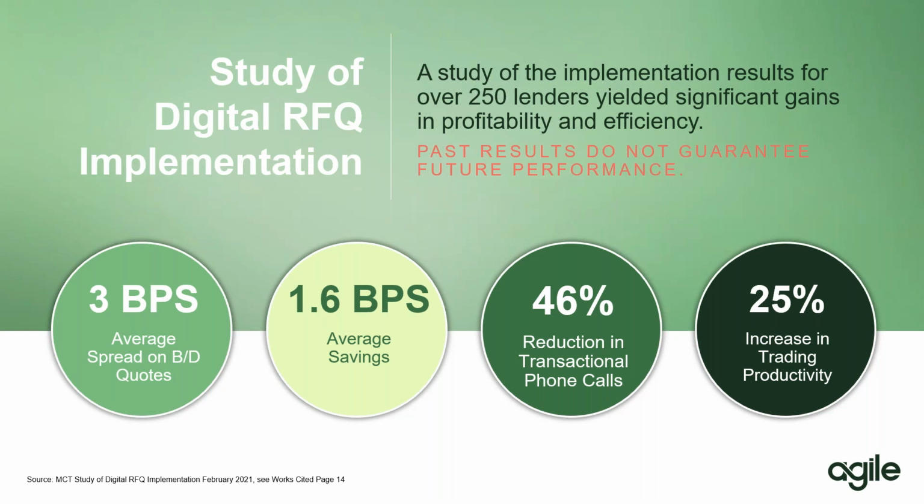I want to make clear that this 3 basis point average spread between broker dealer quotes is not broker dealer A necessarily putting in 3 basis points more margin than broker dealer B. They are going out and trying to get different executions for you, and it's probable, not just possible, that they're getting different executions on any given trade.